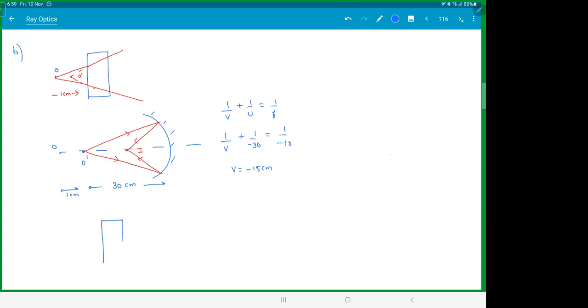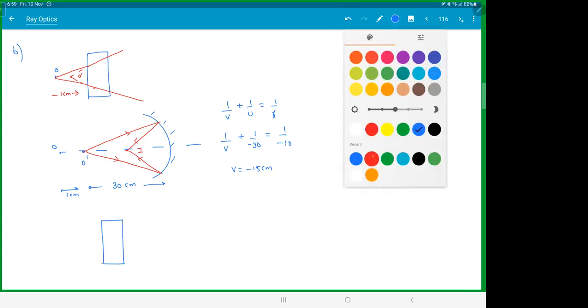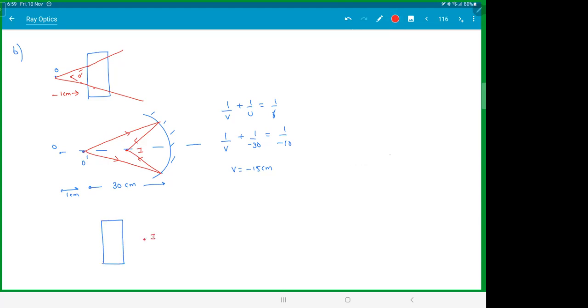Then you have your slab again here. And then this is your eye. Again, this will shift to I dash. That would be again 1 centimeter more. So the final answer is 16 centimeters from mirror. Easy. Focal length 10. Be careful.